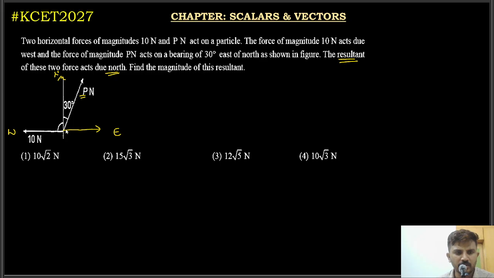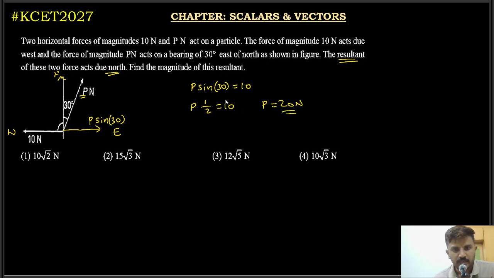Then actually in the east and west direction the forces get balanced. So that is given by P sin 30 degree equal to 10 Newton. P into 1 by 2 is equal to 10 Newton. So P is equal to 20 Newton.